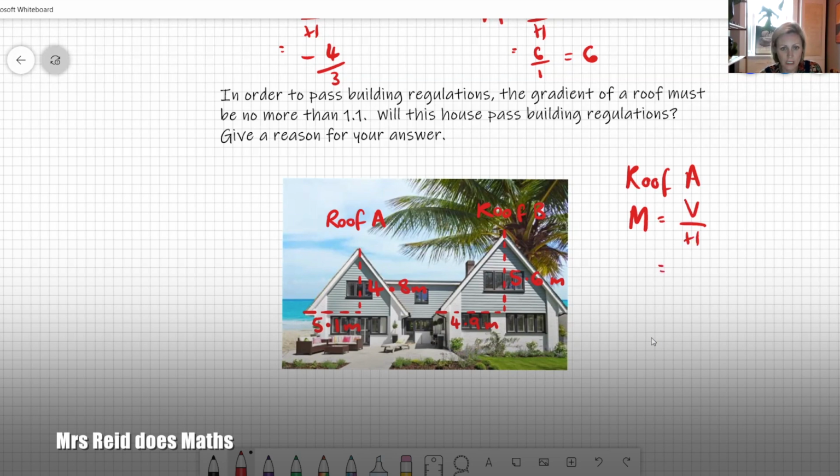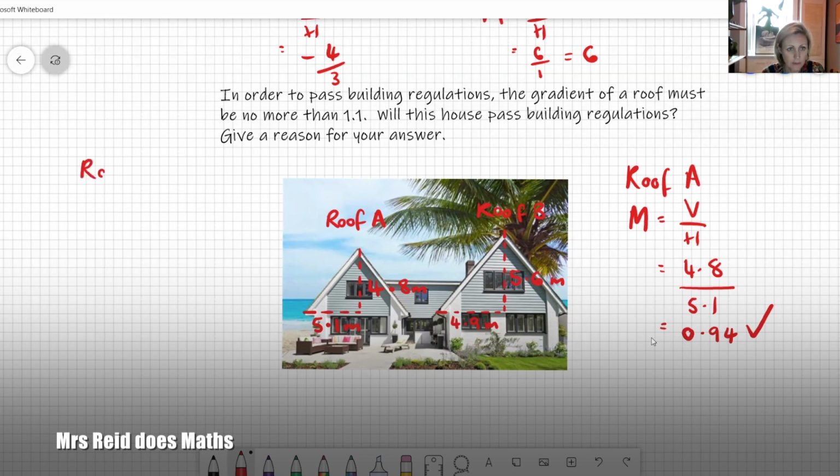The vertical change here is 4.8, and the horizontal change is 5.1. If I use my calculator, 4.8 divided by 5.1 is 0.94. So that one passes building regulations.